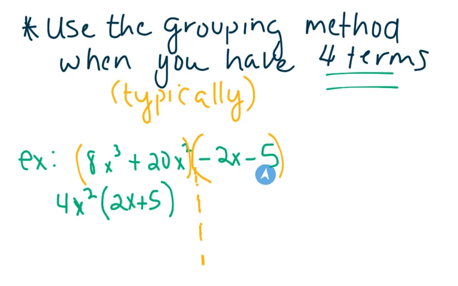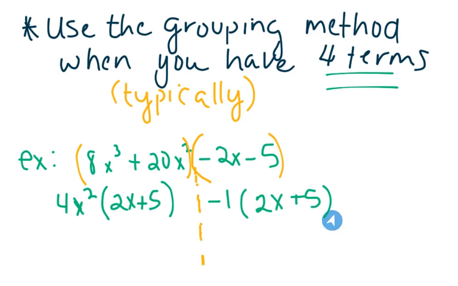What can I divide this by in order to achieve that? Well, I can take a -1 out. When I do that, I'm left with a -2 divided by -1 is just 2. And a -5 divided by -1 is a plus 5. So this is what we want.